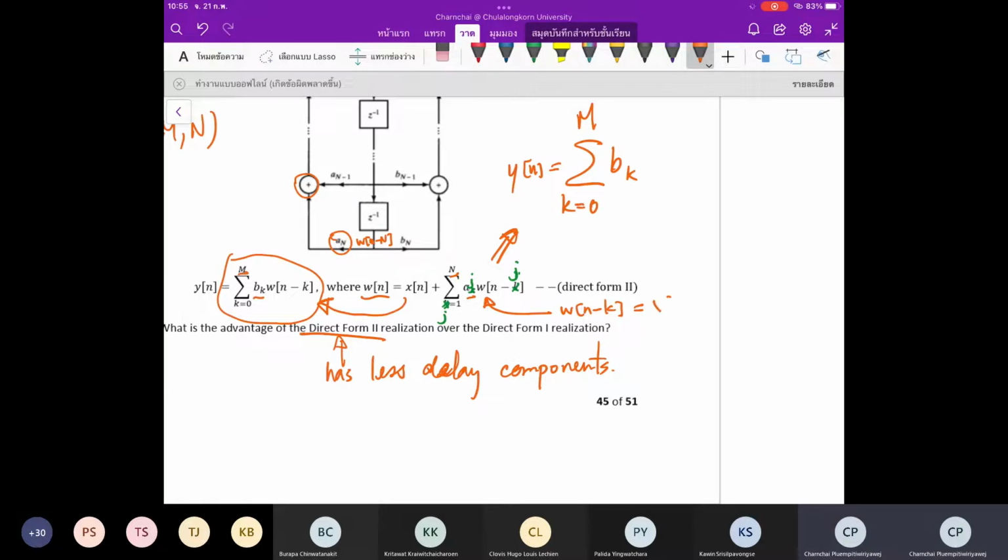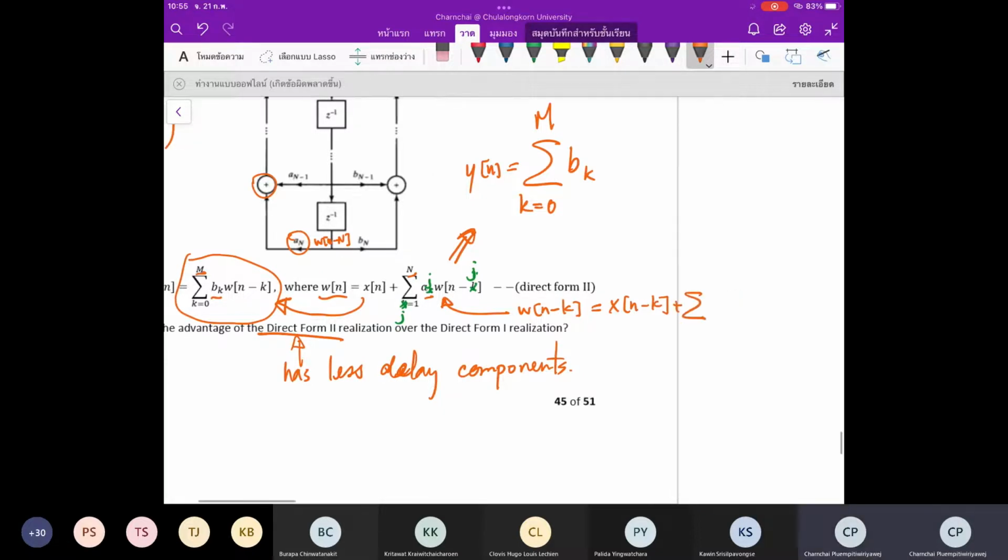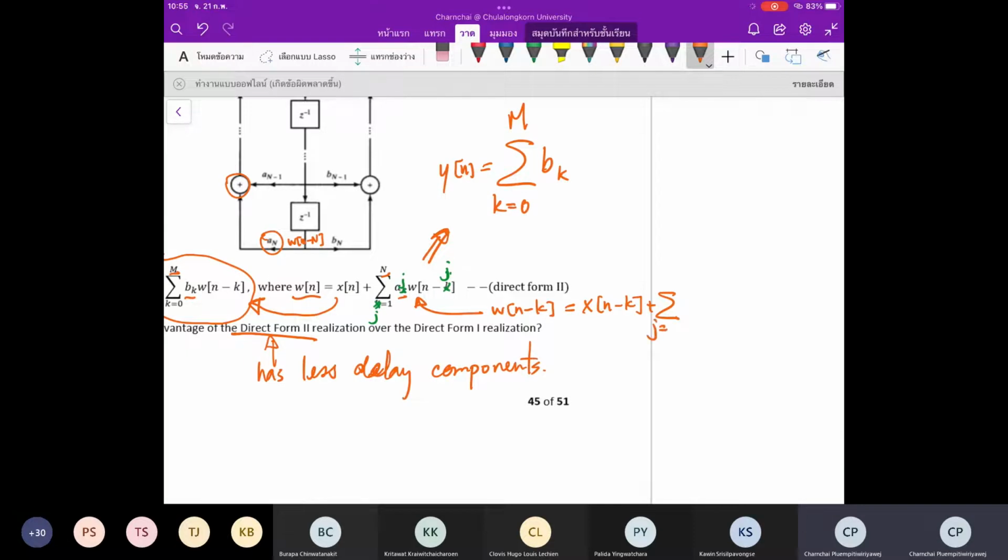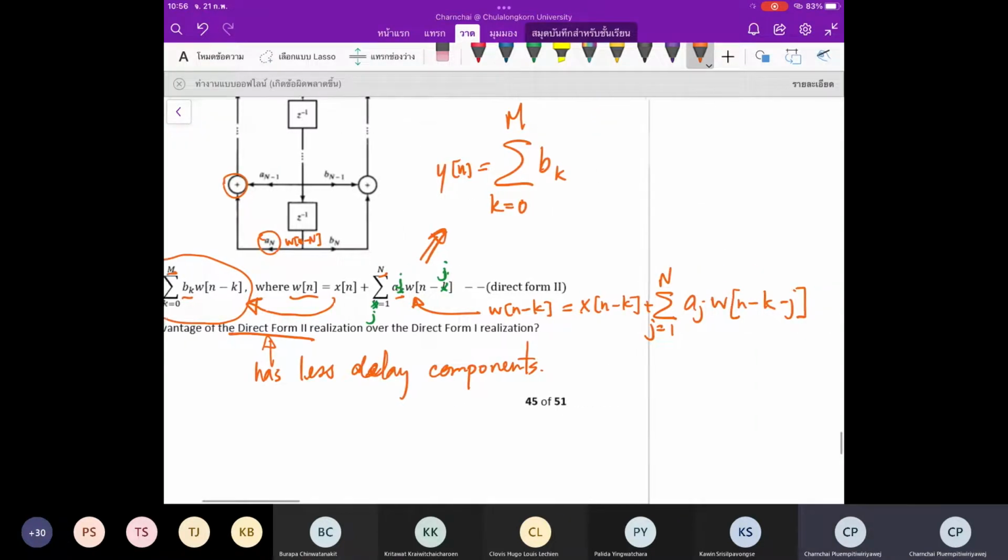So we're going to have x n minus k plus summation of j from 1 to capital N, aj, w of n minus k minus j.